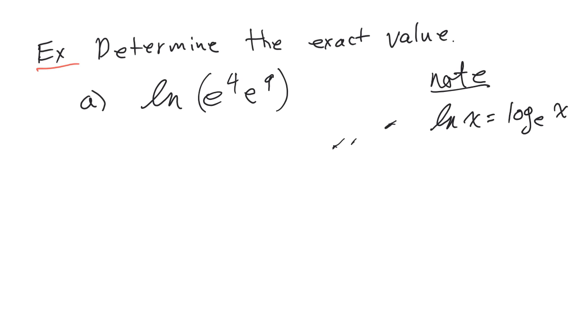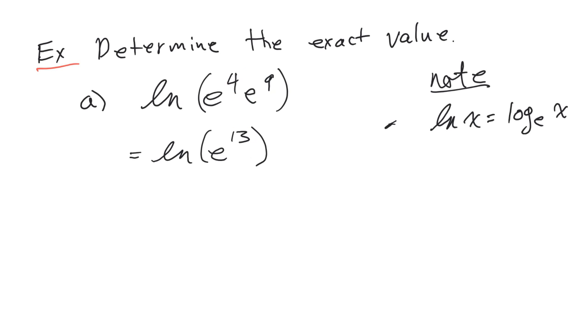So we're just using a short form to cut down on the amount of writing that we're using for these logs, right? So if I have the ln of e to the 13, because remember, using our exponent rules, we actually pull together 4 and 9 to give 13.